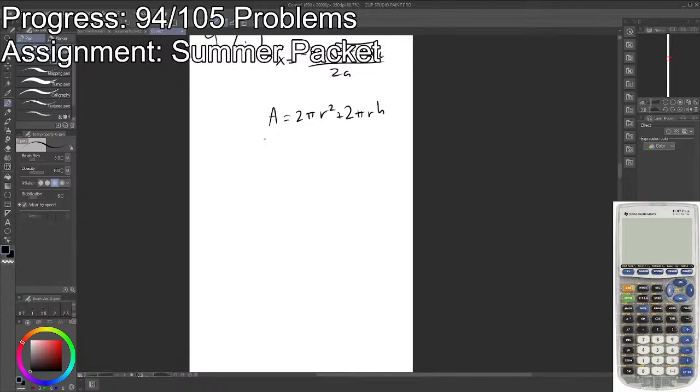Okay, what form did they put it in before? They put in the quadratic formula. Two pi r squared plus 2 pi hr. Whoa.